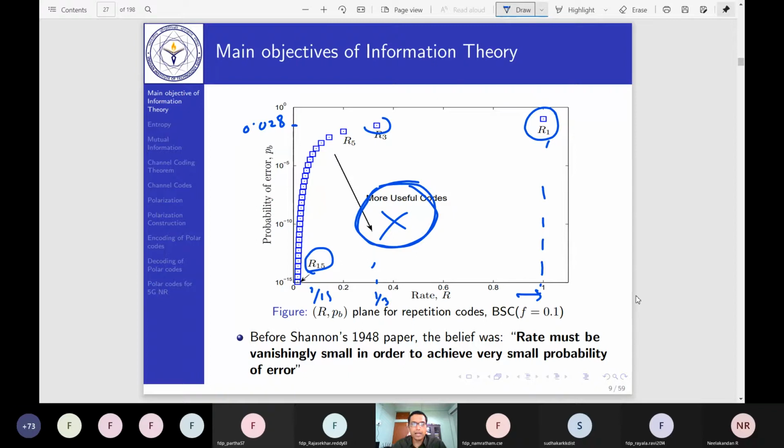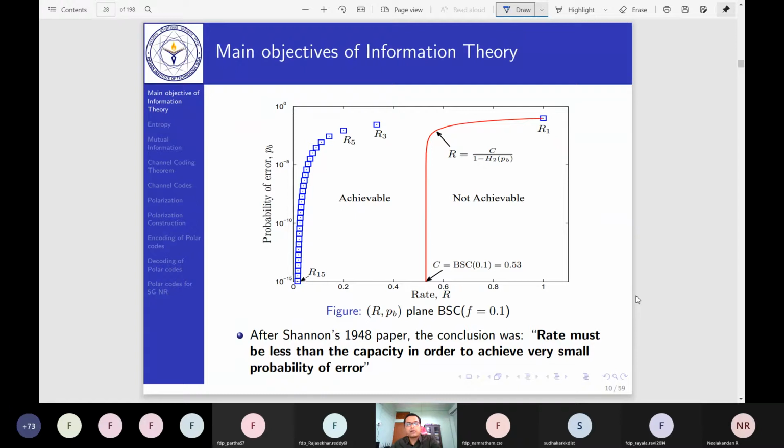So before the 1948 paper, the belief was that R should go to 0, then only the probability of error will go to 0. So this was the belief before Shannon's 1948 paper. But after that paper, Shannon showed that if R is less than some quantity known as the channel capacity, then the probability of error goes to 0.